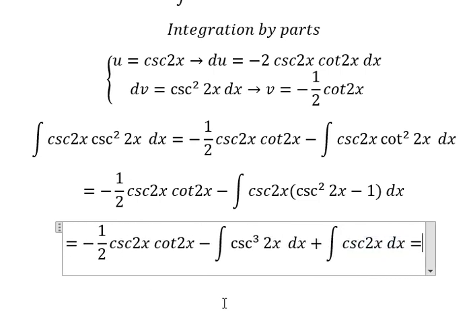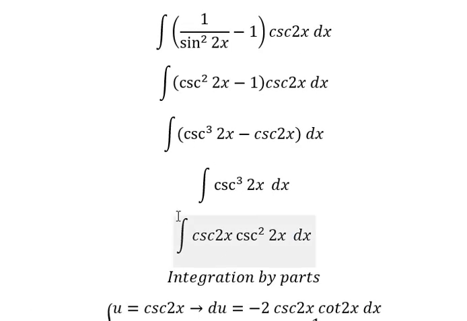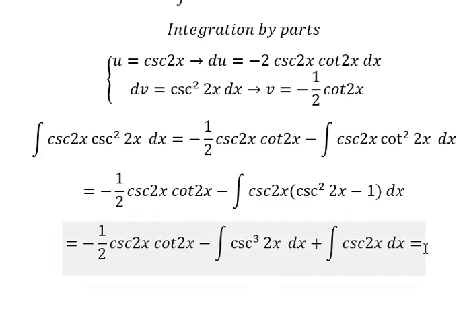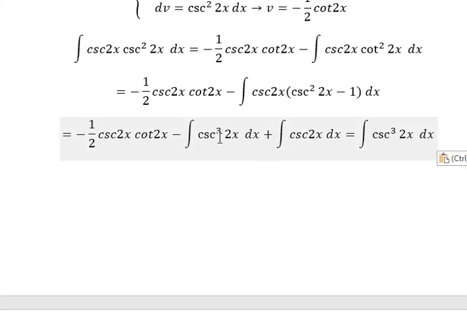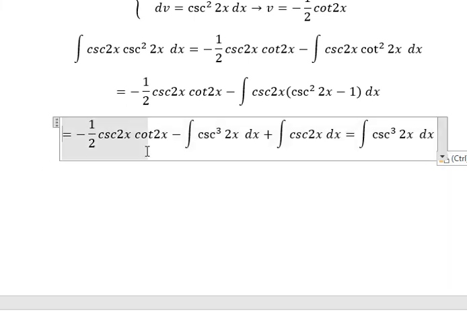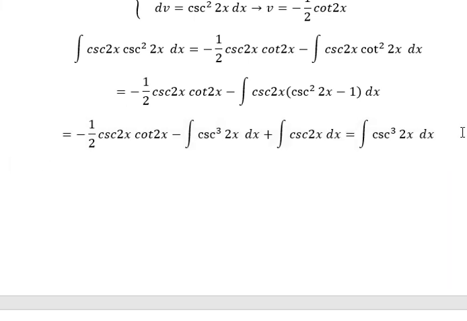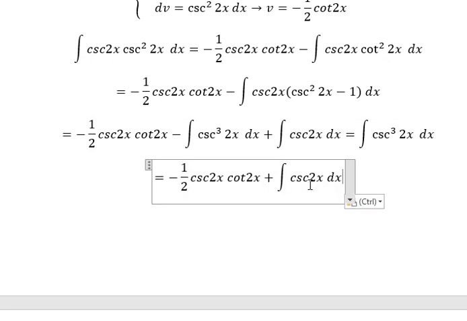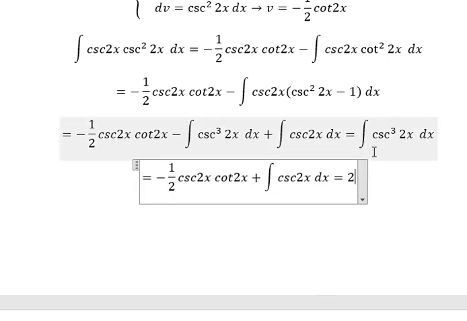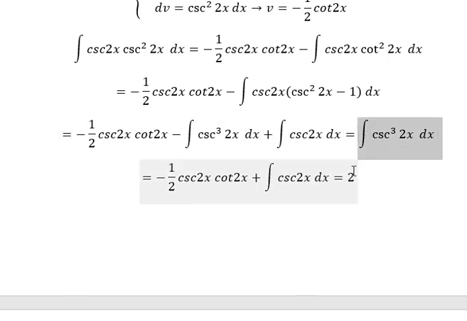And we know that everything in here equals this one. So I will put this one to the right, and you get number 2.